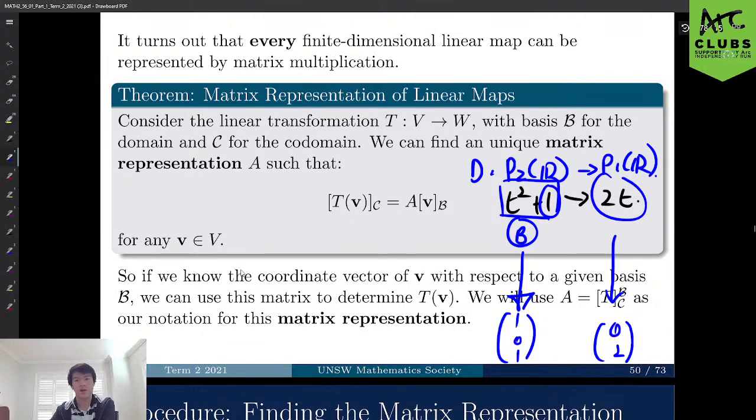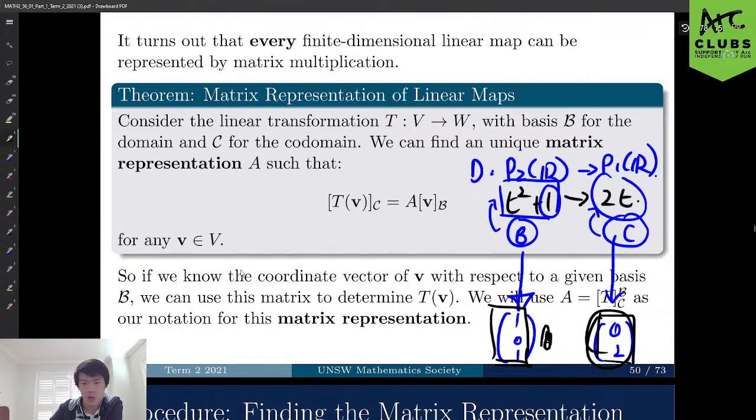Well, now we do have vectors. We've taken a basis B in the domain, and a basis C in the codomain. And now we do have two regular vectors. We have 1, 0, 1, and we have 0, 2. So now we can actually find a matrix that maps between these things. So we'll say this one will be equal to some matrix A times this thing over here.